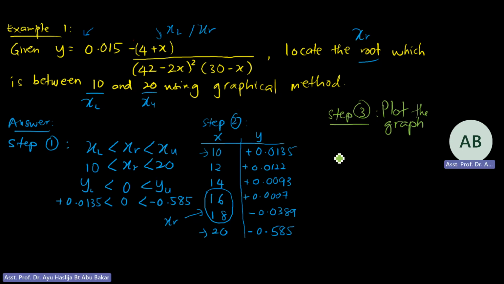In exam, you will be given graph paper, but now we just do freehand. Okay, plot the graph in between 10 to 20. I will start 10 over here just to make it easier. So Y equals to 0 this side. This is Y. This is X.